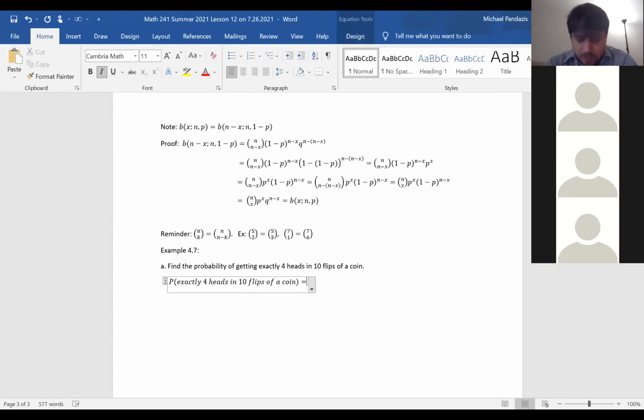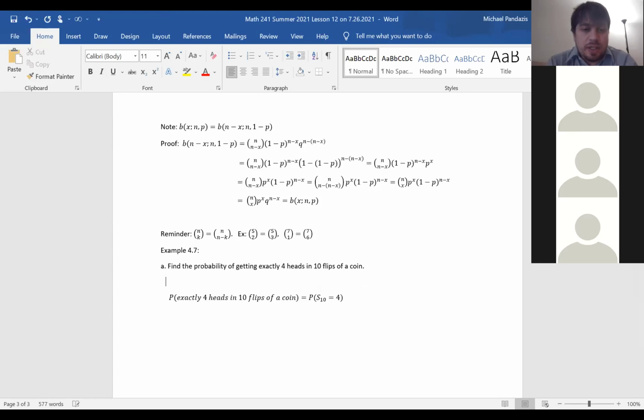Well, that's equal to the probability of S sub 10 equaling 4, meaning it's the probability that in 10 Bernoulli trials you have exactly 4 successes, where success is defined as getting heads.